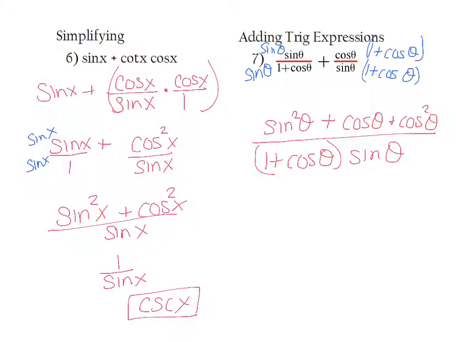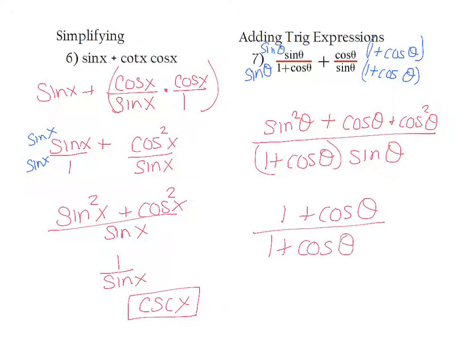Let's wait and see. We usually wait to see if something would reduce. Hopefully what you notice on this, remember right here, this sine squared plus cosine squared, we kind of have that going on right here. There just happens to be a cosine in between it. That's okay. I can grab this and that and call it 1. Plus the cosine theta will still be sitting there.